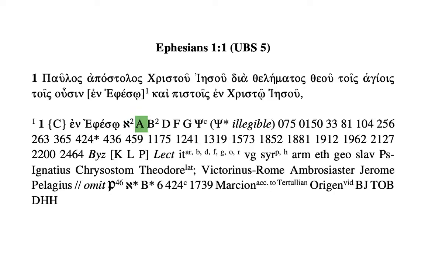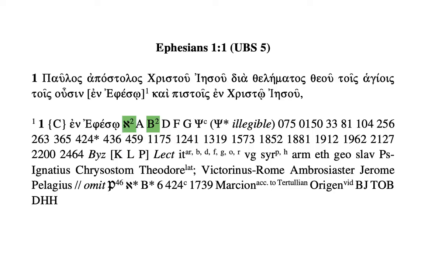Then Codex Alexandrinus, sometimes represented by 02, and then Vaticanus is B, sometimes signaled by 03. Also a corrected reading with a raised 2. Now, it's just a coincidence that the particular correction here is assigned to 2, as well as Codex Sinaiticus.